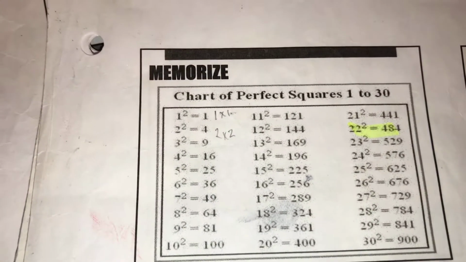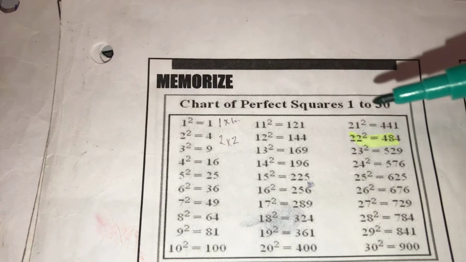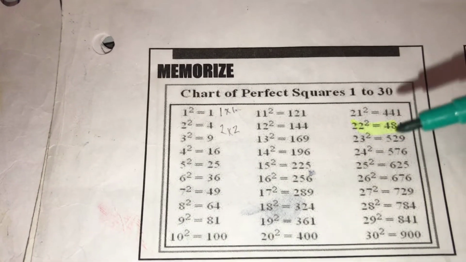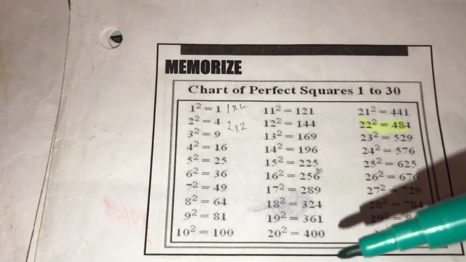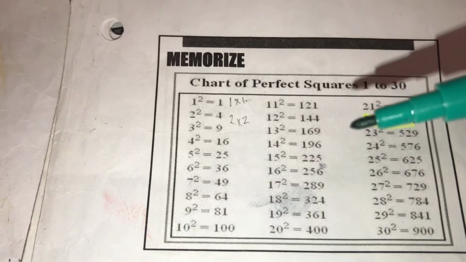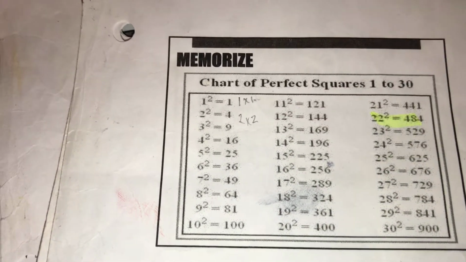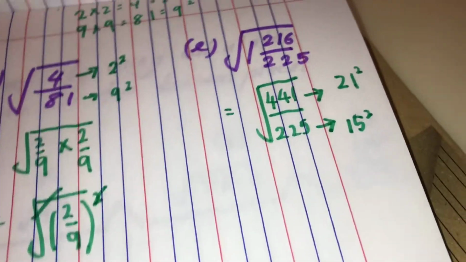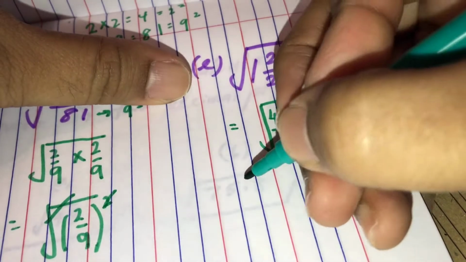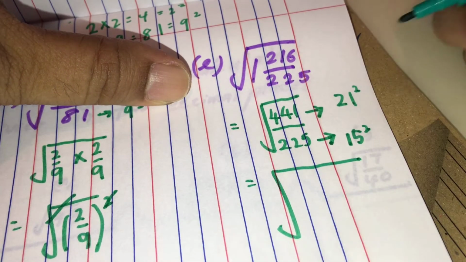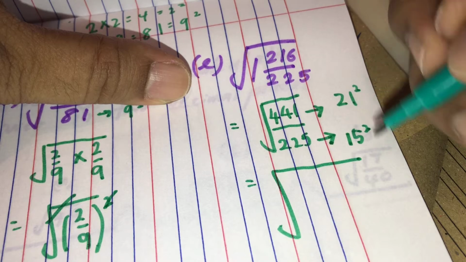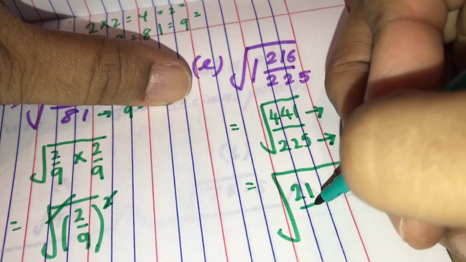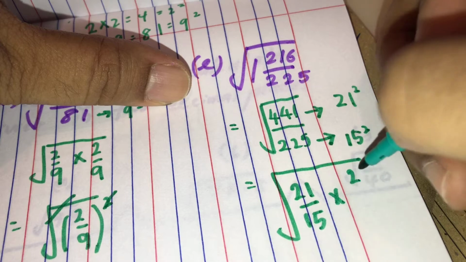21 squared is 441, and 225 equals 15 squared. Then you can write it in the form 21 over 15 times 21 over 15.